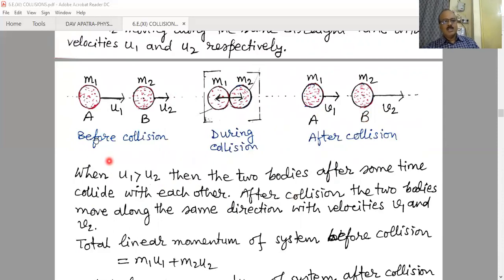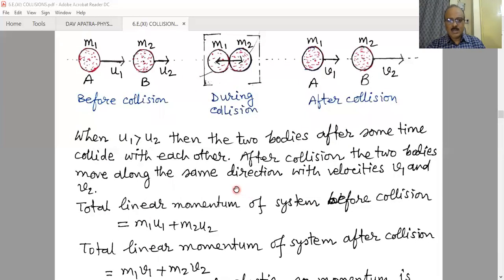The known quantities are m1, m2, u1 and u2, and the unknown quantities are v1 and v2. Our target is to find v1 and v2 in terms of m1, m2, u1, u2, and also to find the value of e in this elastic, one-dimensional collision.